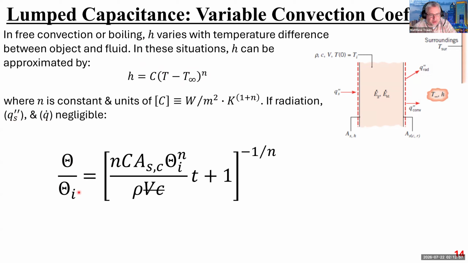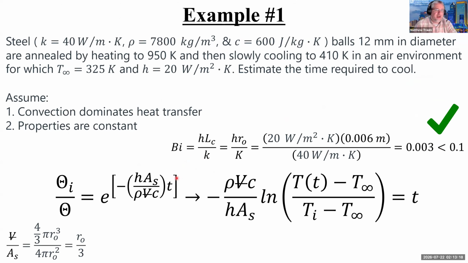A ratio of thetas, and then we've got theta i here to the n on the inside. So it looks kind of like the exponential equation that we had before, except it gets raised to the -1/n power instead of having a bunch of internal terms that you solve for. Okay, so we've got variable convection worked out in terms of an equation.